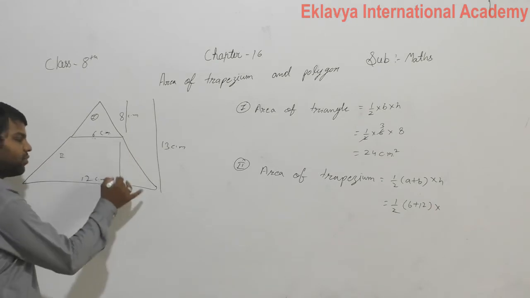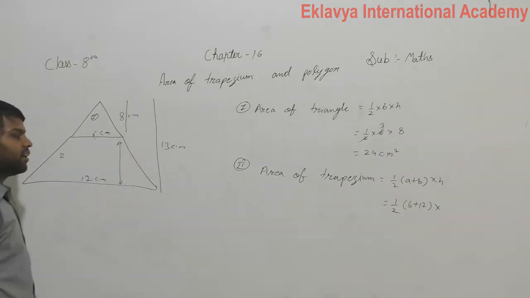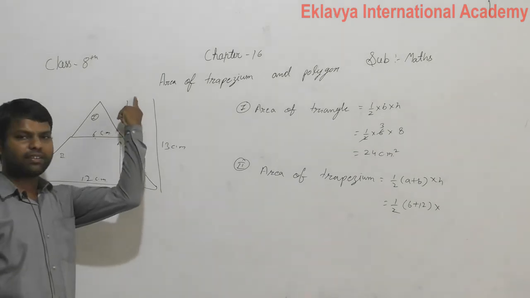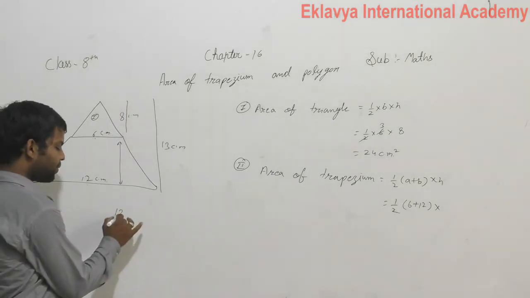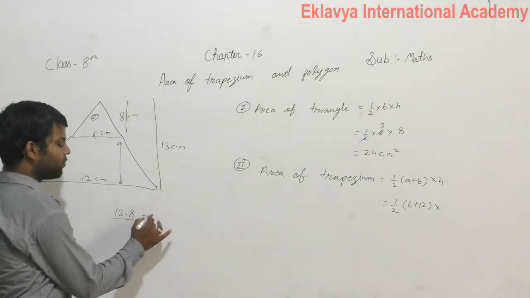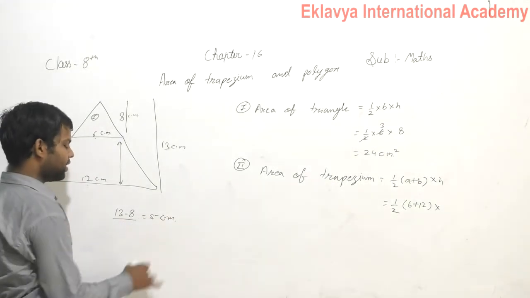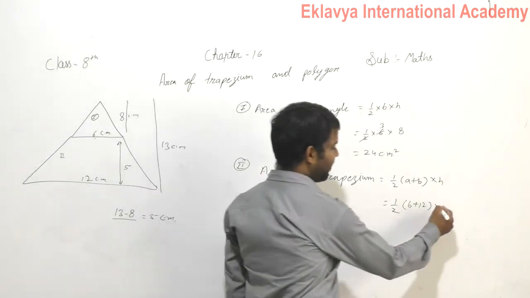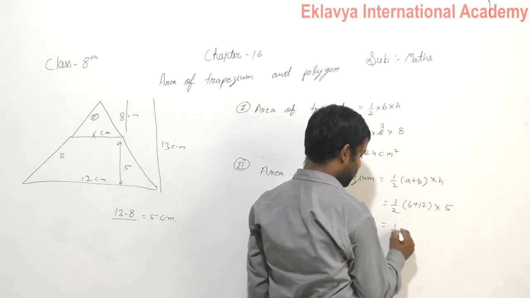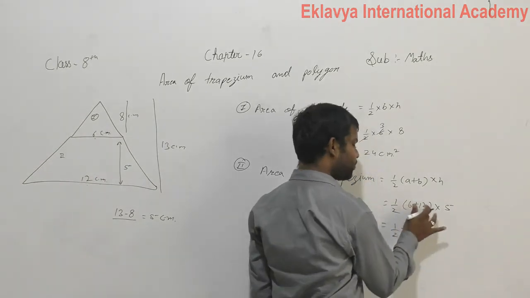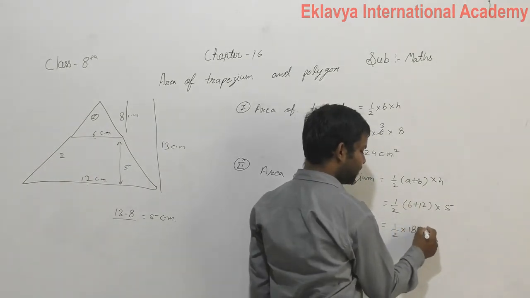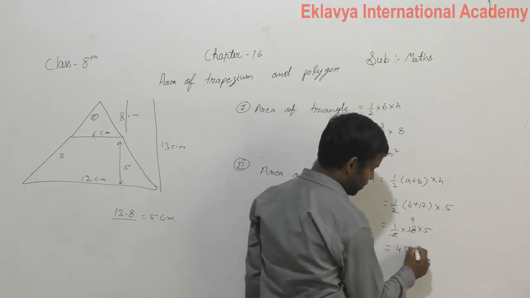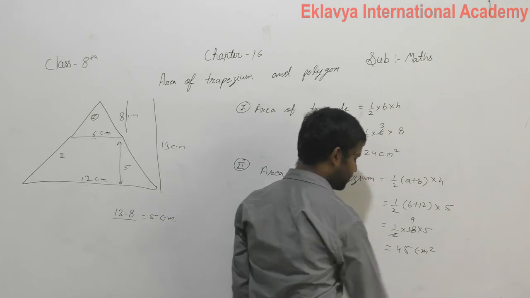To find this height, the total height of this figure is 13 and height of triangle is 8. Then we do subtraction 13 minus 8. We got 5 centimeter as the height of trapezium. So 1/2 multiplied by 6 plus 12, 18, multiplied by 5, 9 fives are 45 centimeter square.